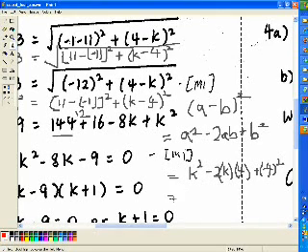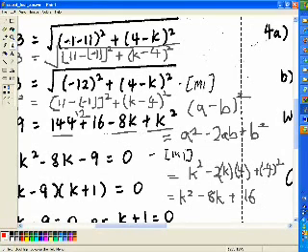So this will give me k squared, minus 8k, and negative 4 squared will give me positive 16. That's how I get k squared minus 8k plus 16.